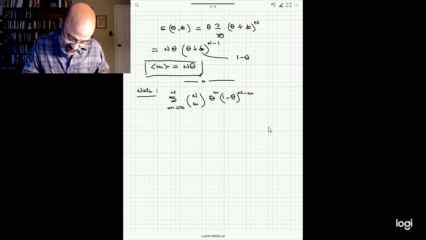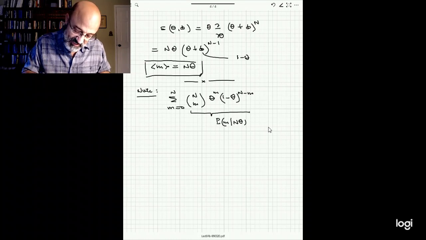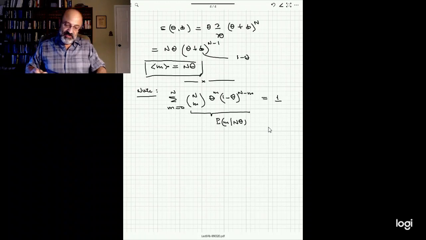Here we are just adding the probabilities for all values of m. So what we are saying is we're looking for the normalization of this probability. This is equal to 1.